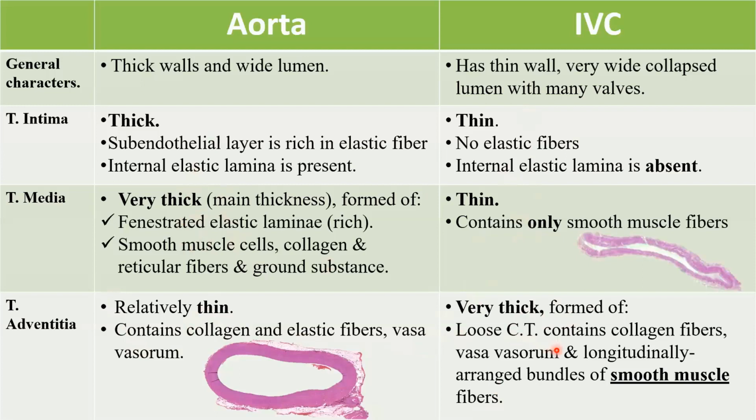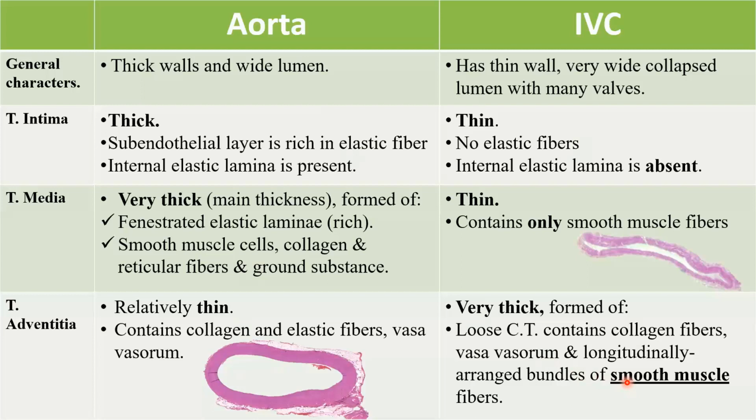In the inferior vena cava, it is very thick. And this thickness is mainly due to presence of connective tissue with collagen and vasa vasora, but in addition, we have groups or bundles of longitudinally oriented smooth muscle fibers. So here, in addition to the connective tissue of the adventitia, we have smooth muscle fibers in the adventitia of inferior vena cava.